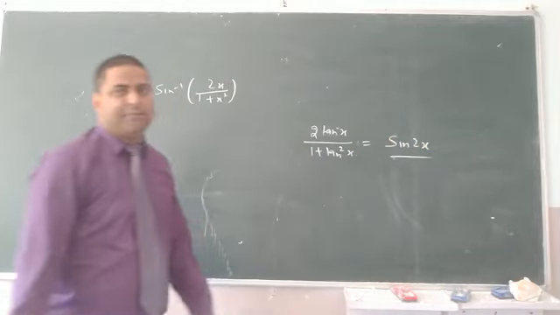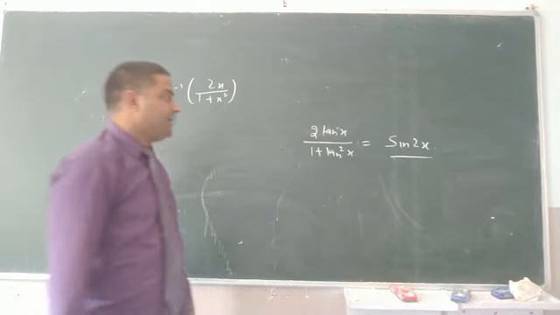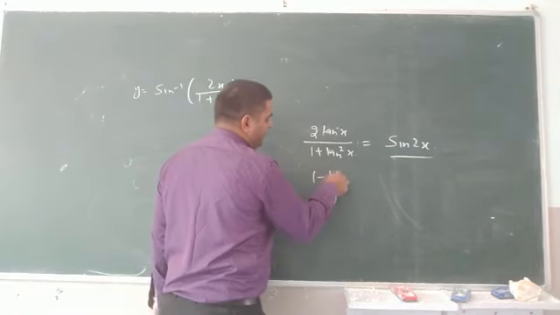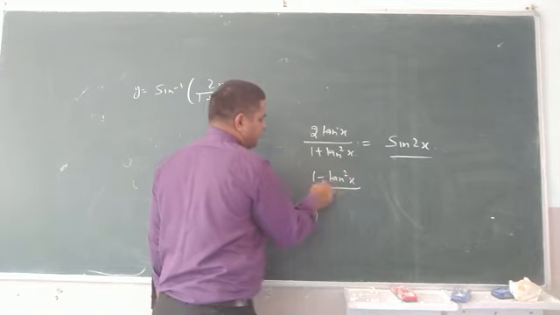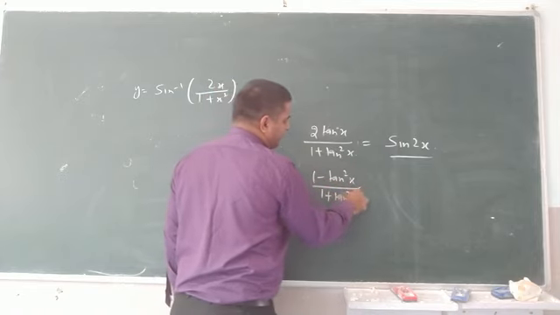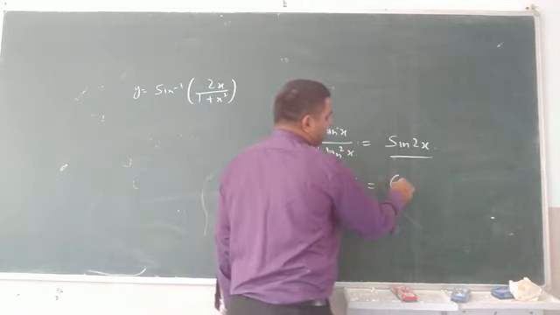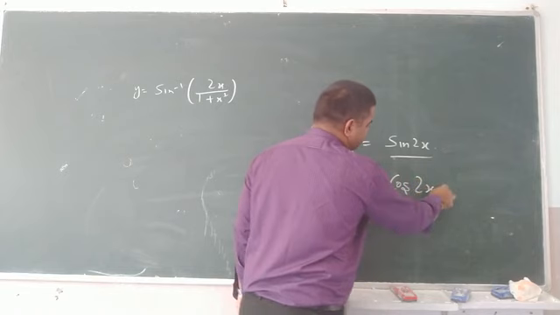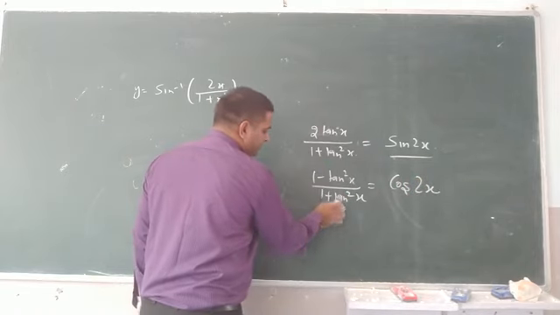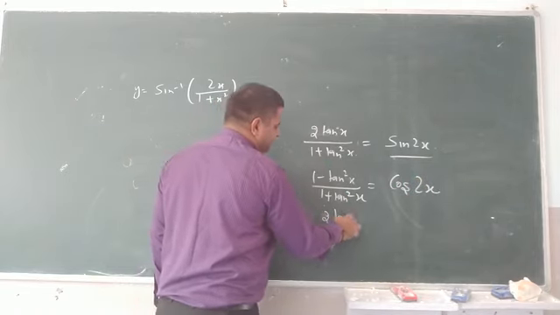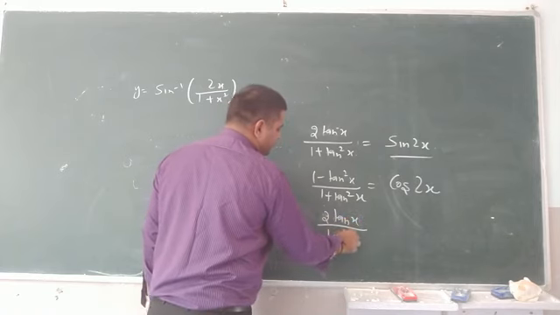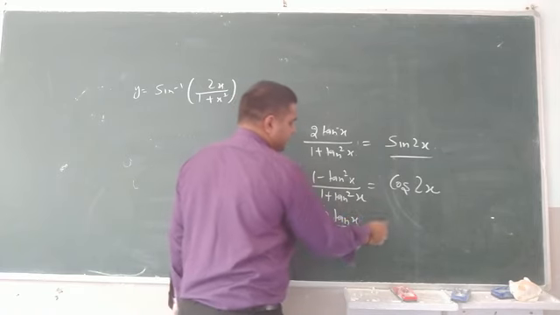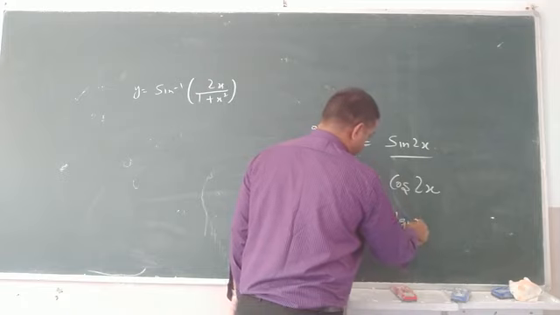This is very, very important to learn. Another formula I write here: 1 minus tan square x upon 1 plus tan square x is equal to cos 2x. And 2 tan x upon 1 minus tan square x is always tan 2x.